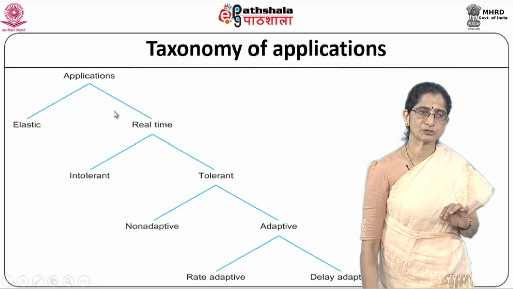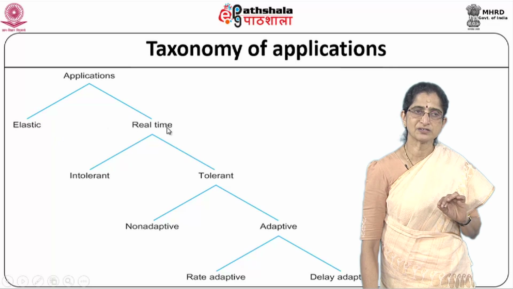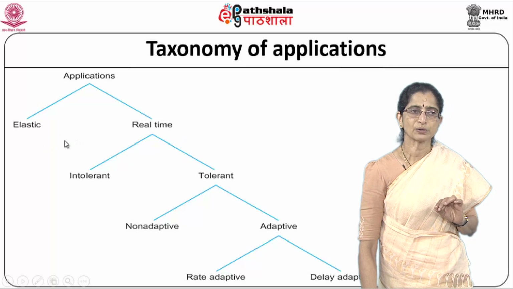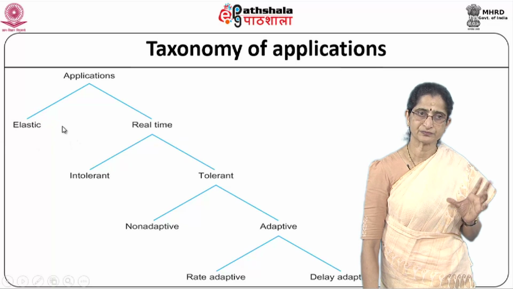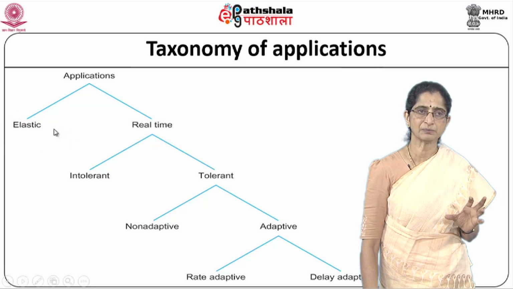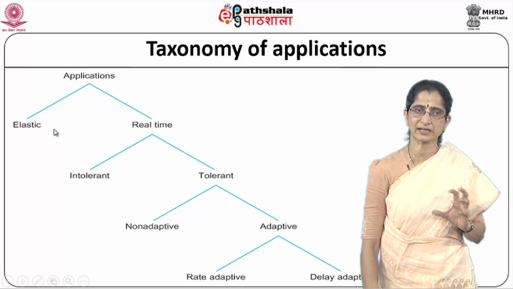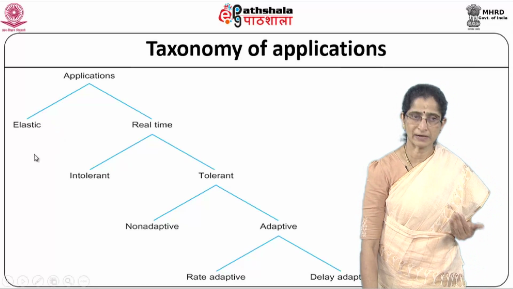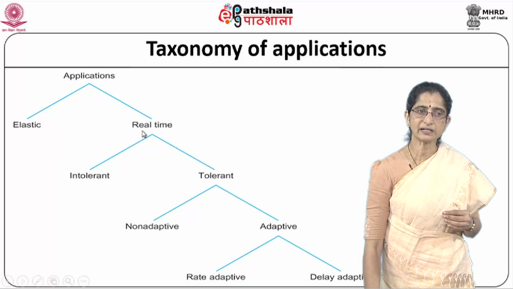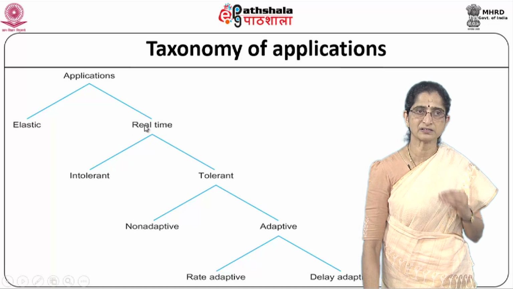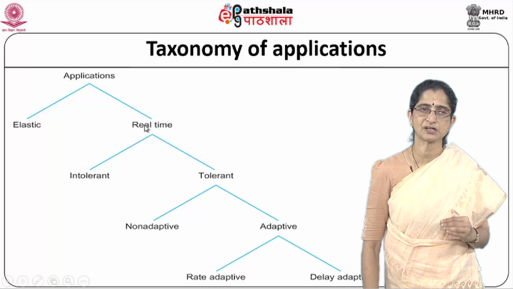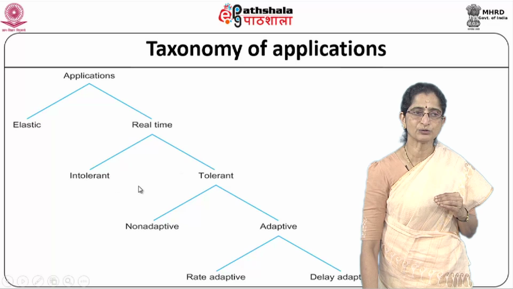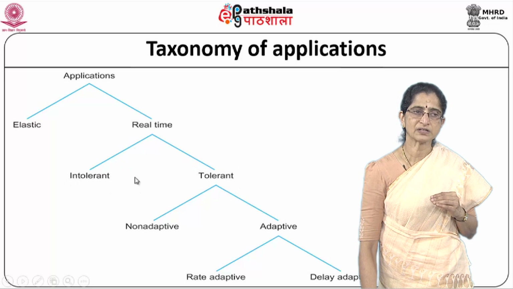So if you look at a taxonomy of applications, you can generally classify them in terms of whether they are elastic or real time. Elastic would mean that they can kind of adjust to available bandwidth and available delay and so on. That is, they can tolerate both delays and bandwidth variations. Real time, on the other hand, are ones which have certain timing constraints or certain bandwidth constraints. Real time applications can further be divided into tolerant ones and intolerant ones.